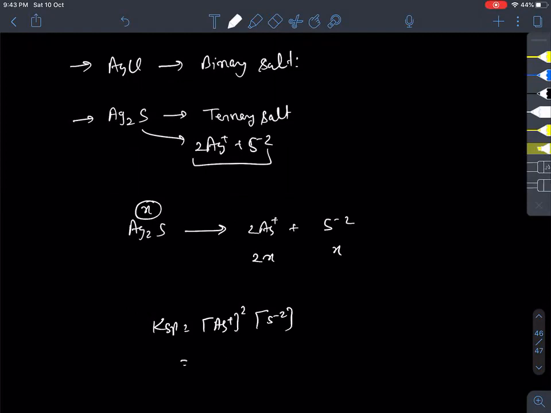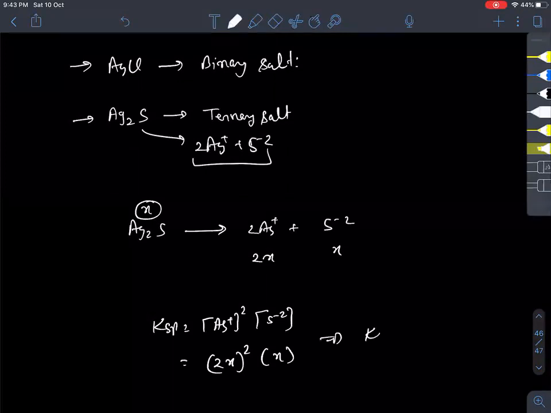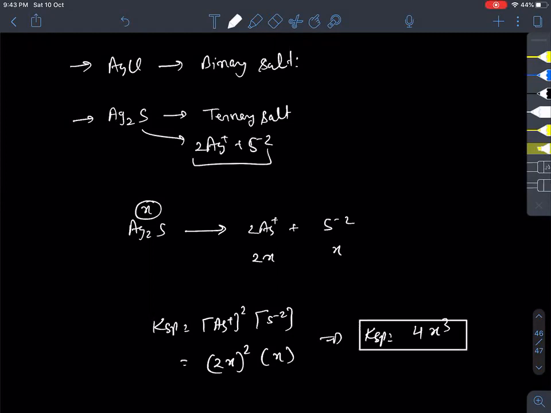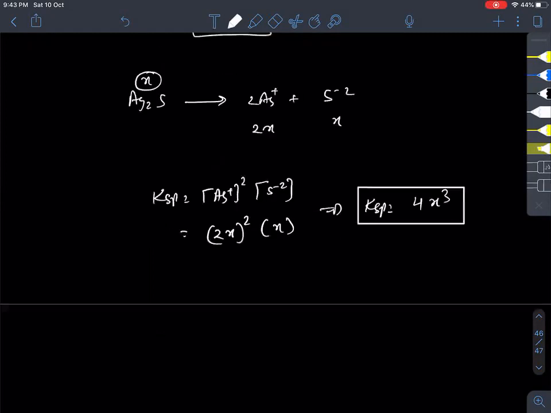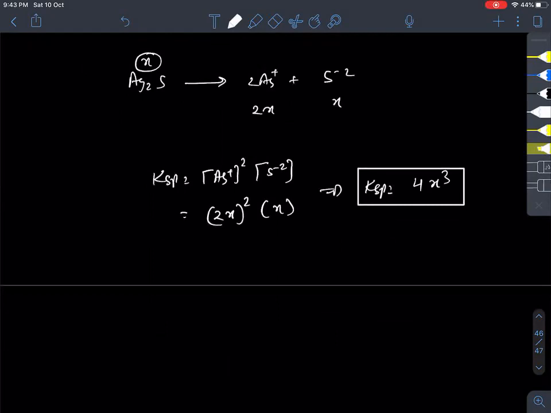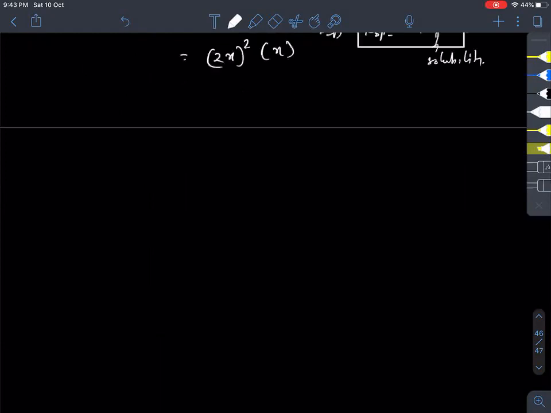So this is 2X, be very, very careful, and this is X. Silver ion concentration is 2X. Then what you get from here is Ksp equal to 4X to the power 3. So like that you can derive for any ion whichever you want, where X is the solubility again here. This is how we define it.